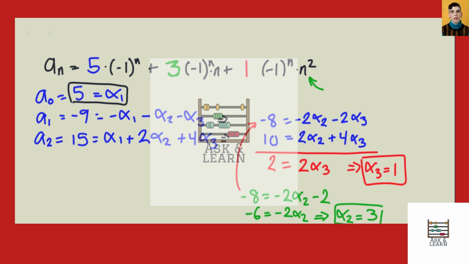Okay, so our solution then is that a_n is equal to 5 times negative 1 to the n, plus 3n times negative 1 to the n, plus n squared times negative 1 to the n.